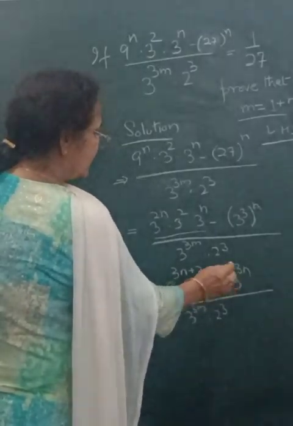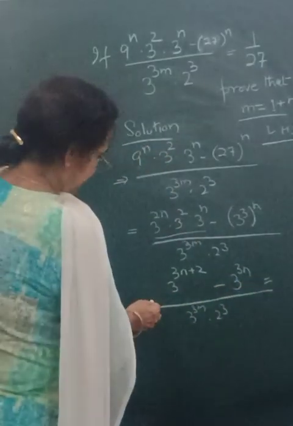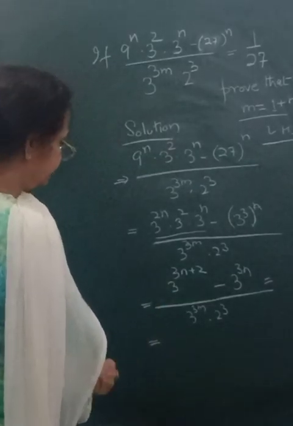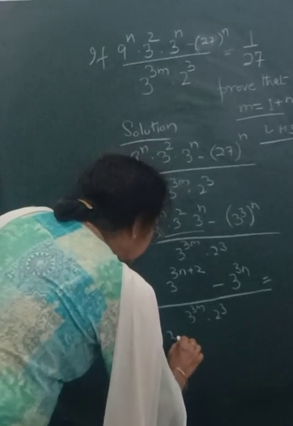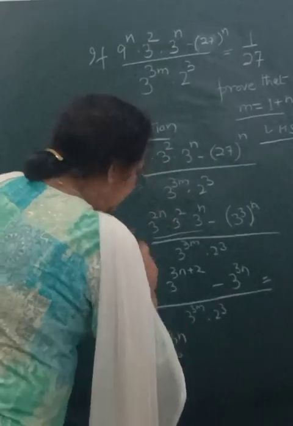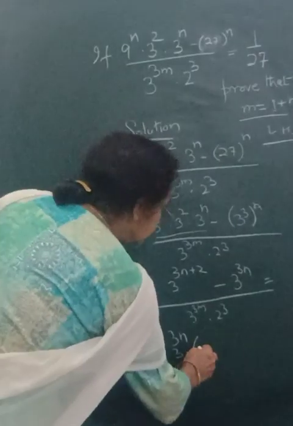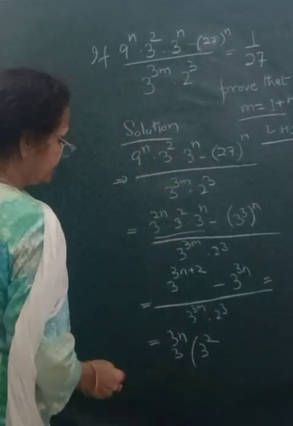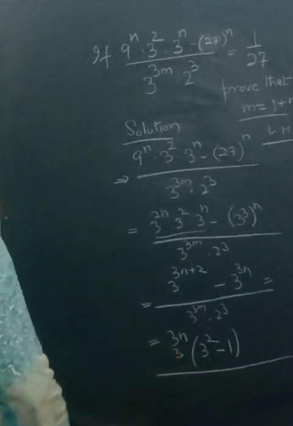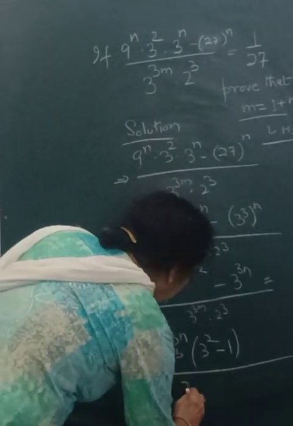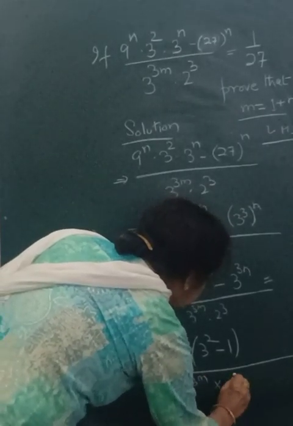Okay, now from this we can take 3 to the power n as a common in the numerator, and we'll get inside the bracket only 3 to the power 2 minus 1, upon 3 to the power 3m remains same, no change, into 2 to the power 3.